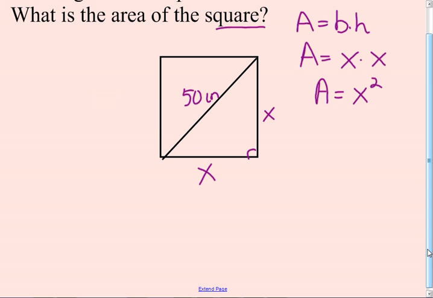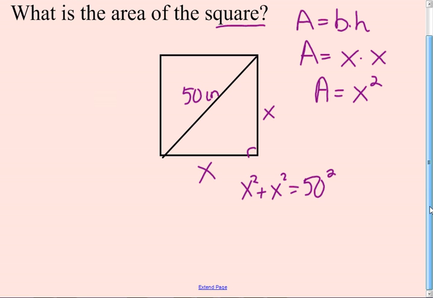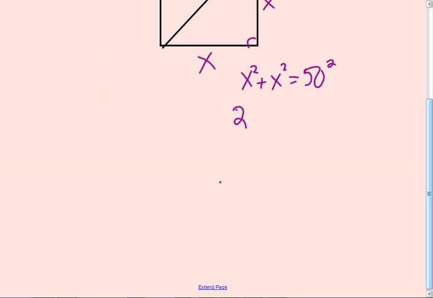Zach, can you give me the formula to find x? Leg squared plus leg squared is 50 squared. So how many x squareds do we have? 2. So you get 2x squared. Now 50 squared is 50 times 50.